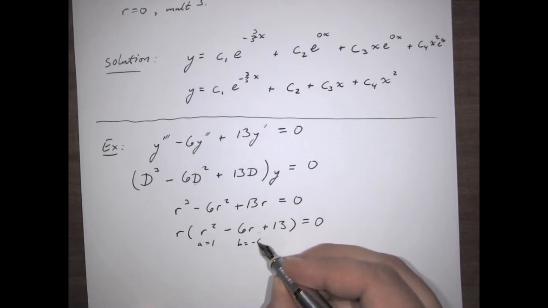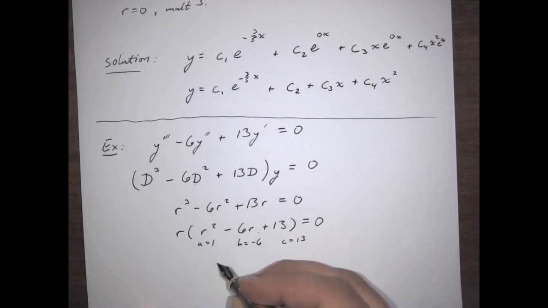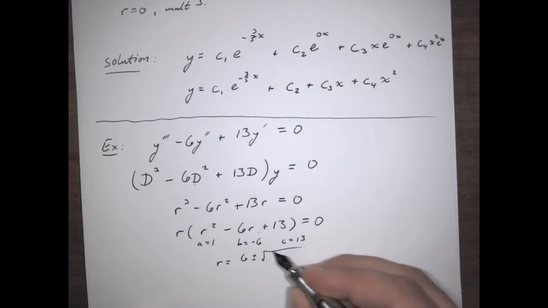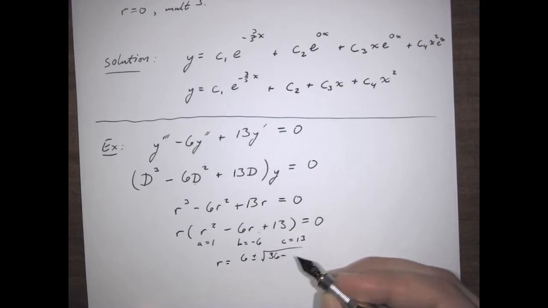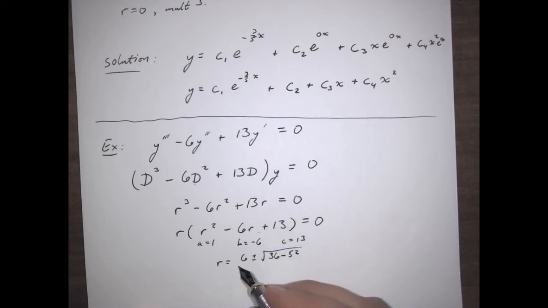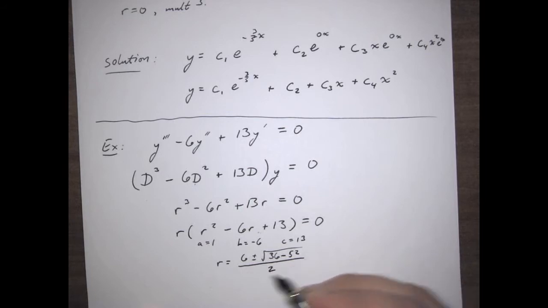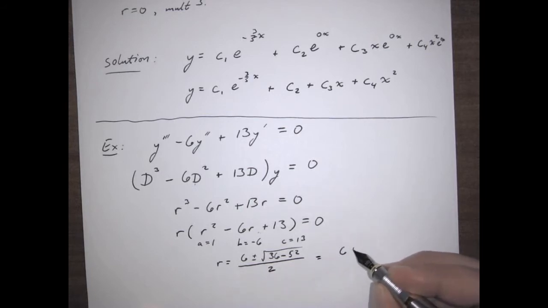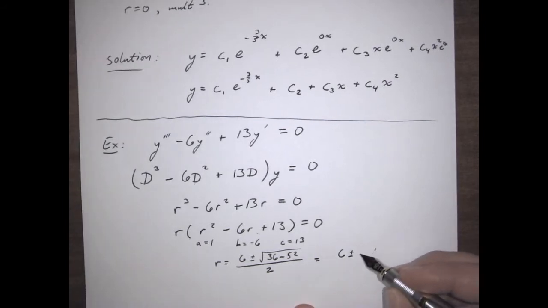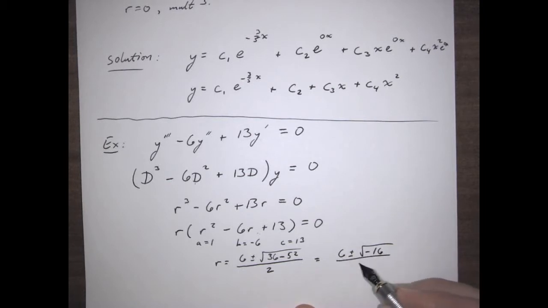A equals 1, b equals negative 6, c equals 13, and so that's going to give you r equals negative b plus or minus the square root of 36 minus 4 times a times c, that's going to be minus 52, all divided by 2a, which is going to be 6 plus or minus the square root of negative 16 over 2.